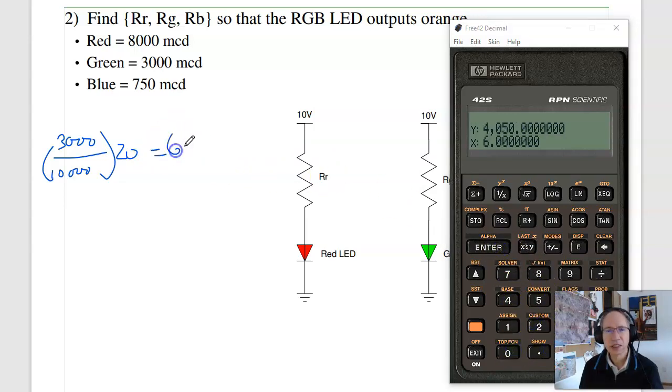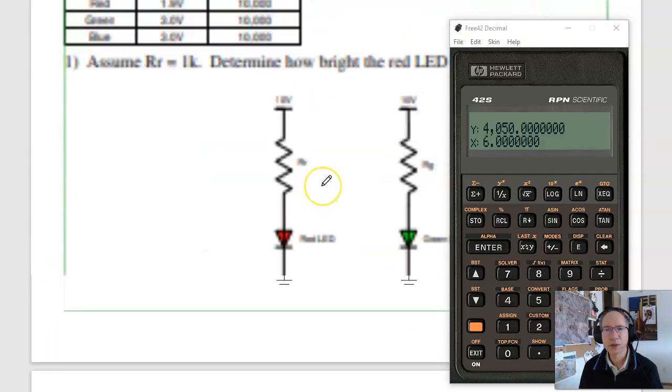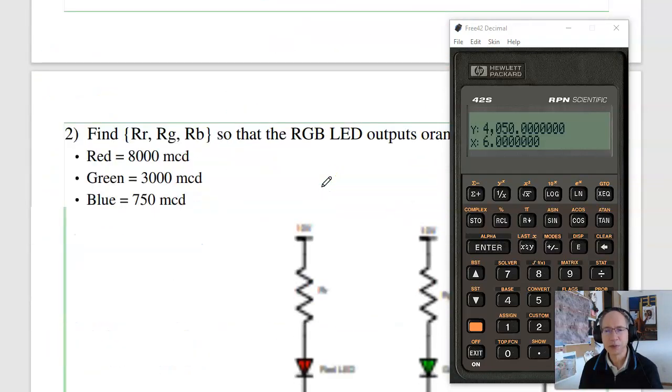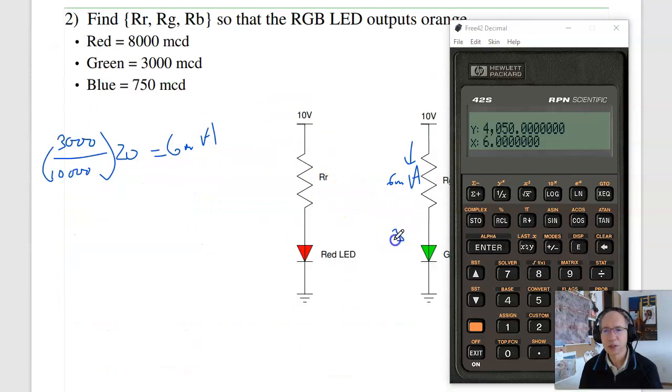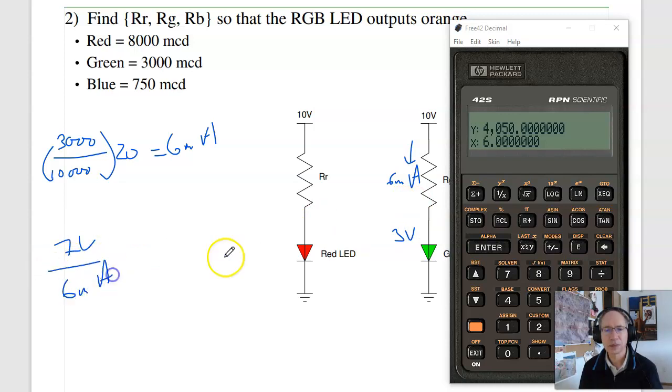I need 6 milliamps flowing. The voltage drop for a green LED was 3 volts, so I've got 7 volts at 6 milliamps. So 7 divided by 0.006 is 1166 ohms.